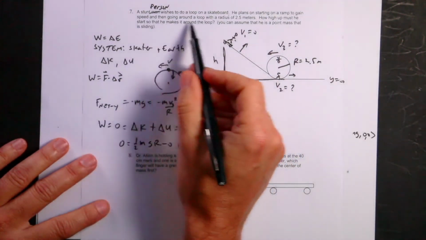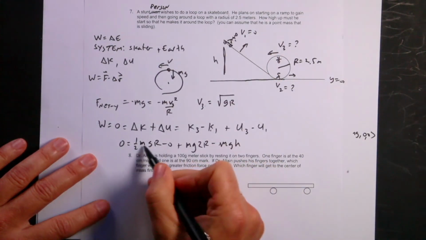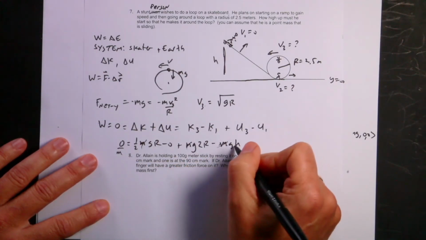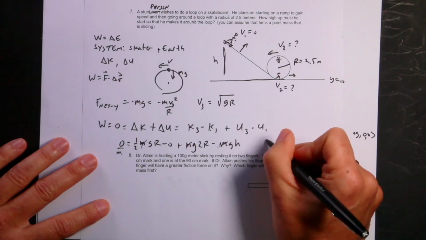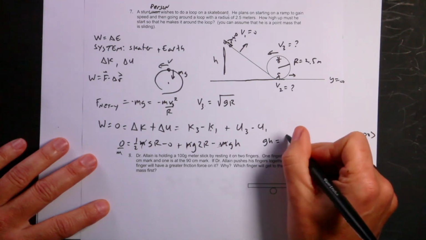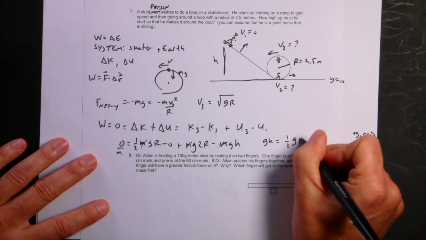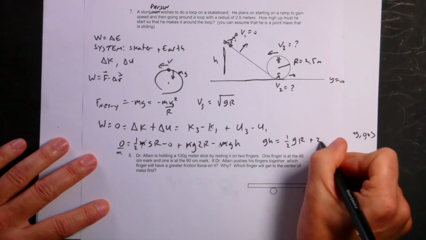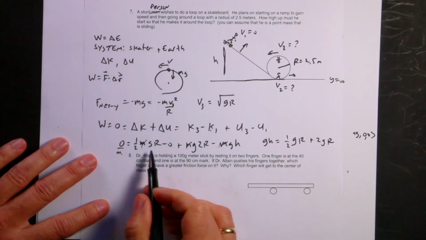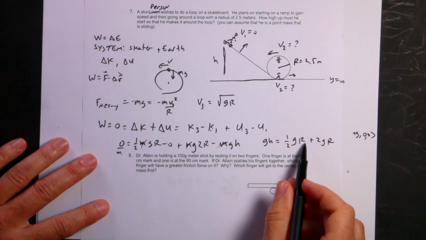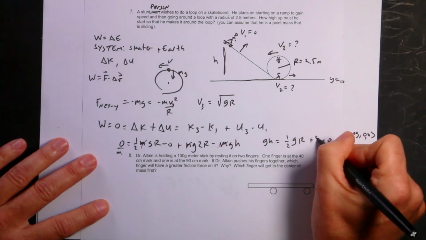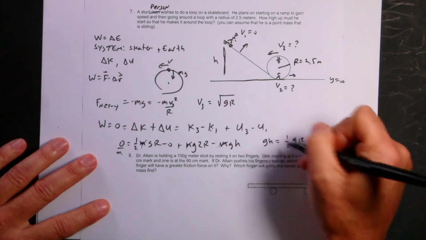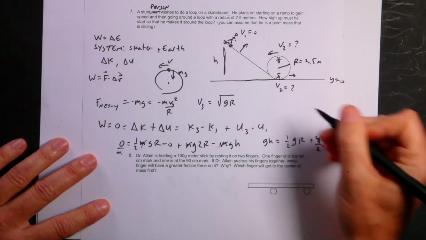I never said what the mass was, and you'll notice that I can divide everything by the mass. That's fine. Now I can just add this to both sides, and I get gh equals 1/2 gr plus 2gr. Is that right? Yeah. These combine, so that's 4r over 2, so I get 5/2 gr. Divide by g, oh, the g's cancel.